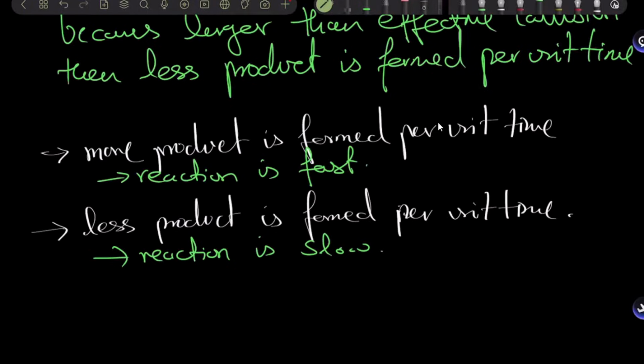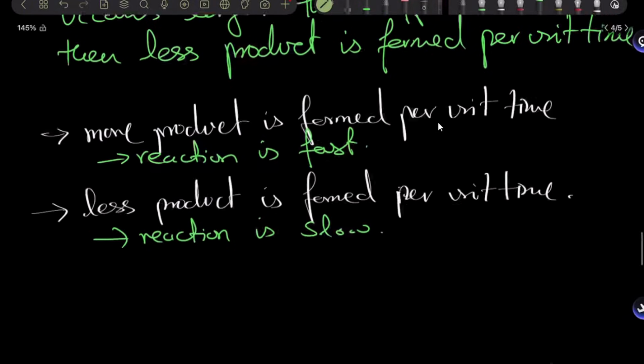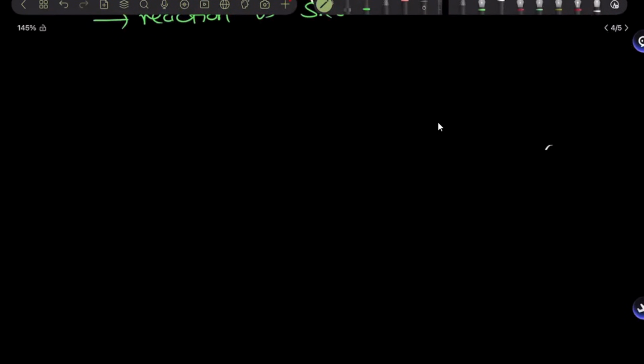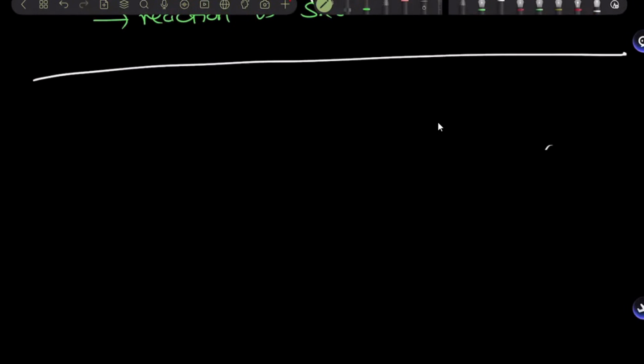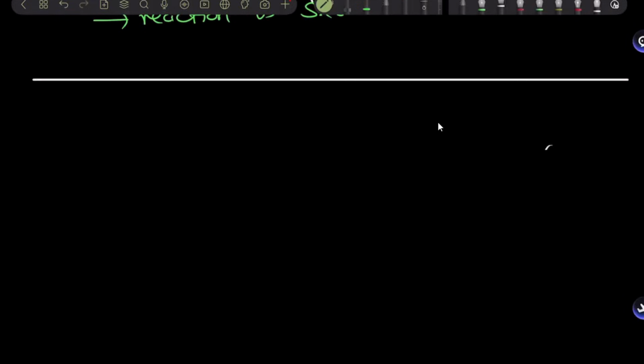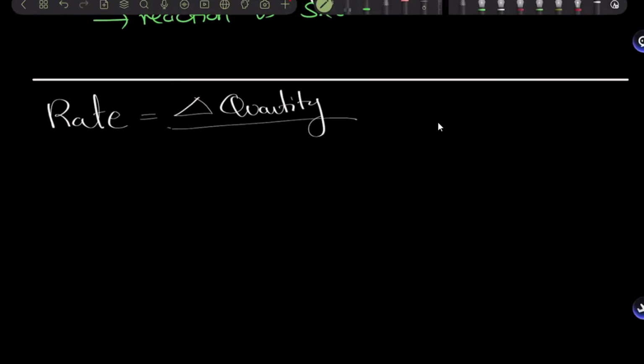Are we clear? So now let's move on to rate of reaction. Now this is the most important thing for which we've done all this previous information. Now let's start with what is rate. Mathematically, it is the change of any quantity with respect to what? Time, right?